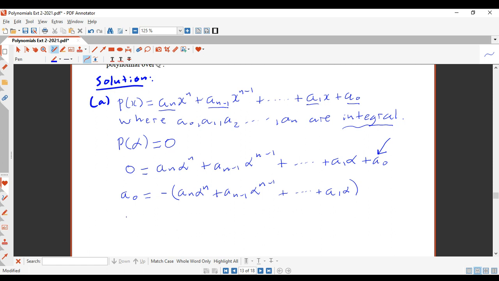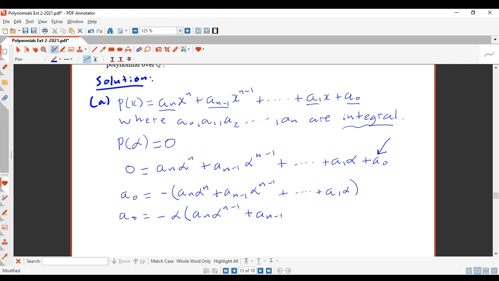Now, next thing we're going to do is take out a common factor because we want to show that we can divide by alpha. So next thing I'm going to do is just take out the alpha here. So I'll take out alpha as a common factor. So I still have an there. And this will be alpha to the n minus 1. Okay, because alpha times alpha to the n minus 1 is alpha to the n.